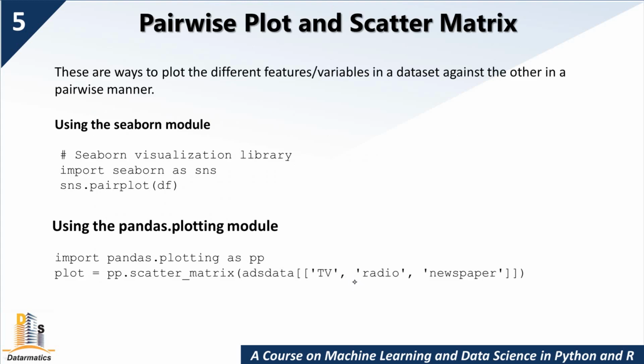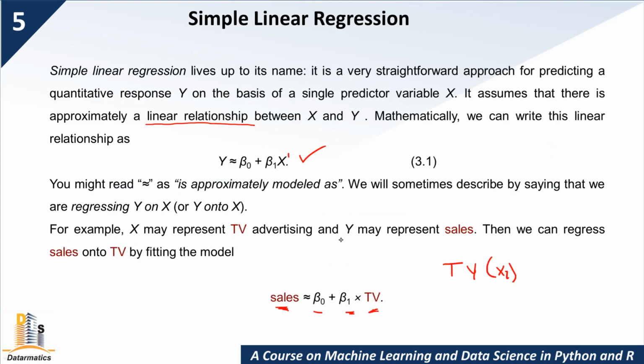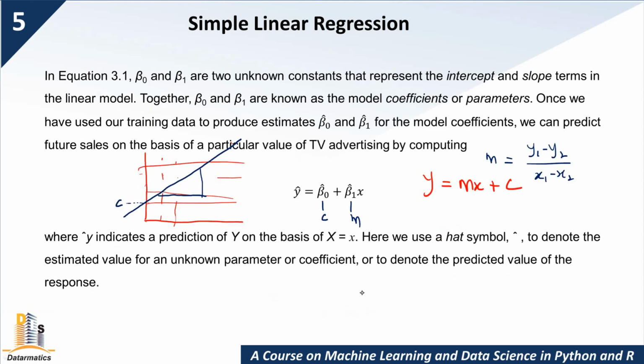Okay, I think I mixed up a few things. So this is where they are saying, assuming we don't spend anything on TV, sales will be beta 0. Of course, we'll have sales, but it will not depend on TV. In that case, the coefficient of regression for TV is going to be 0, and that is where we have the intercept to be beta 0 on the y-axis. All right.